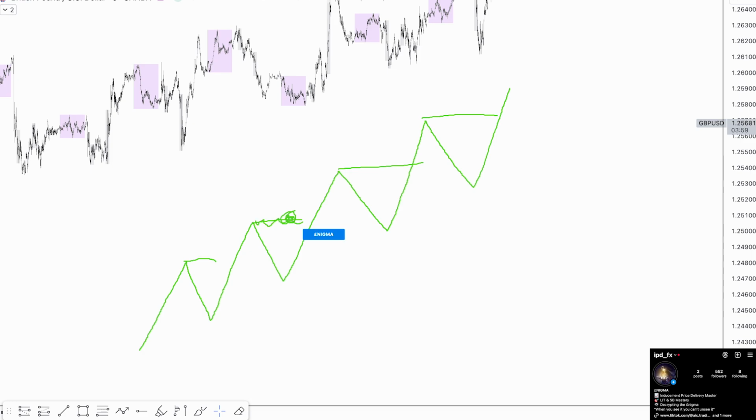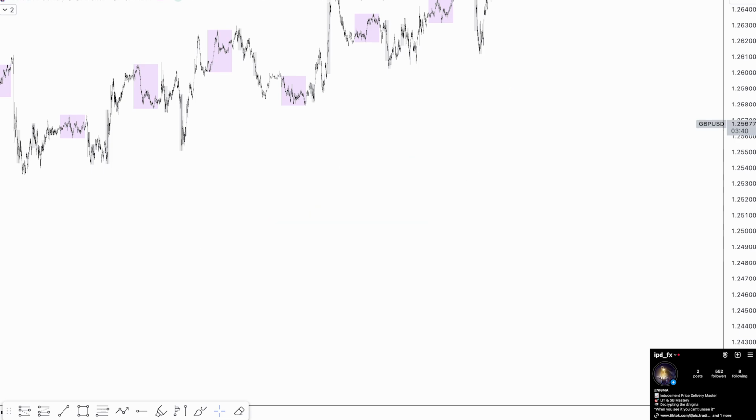In these zones, all breakout traders want to enter long, so we have an injection of liquidity. Also, when we took out this external point, what we have is transactional liquidity.